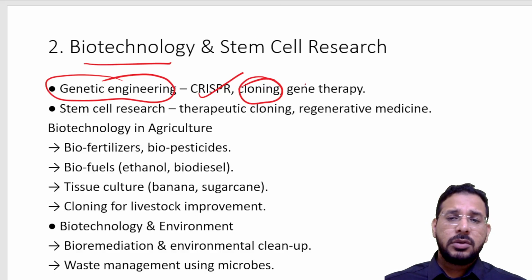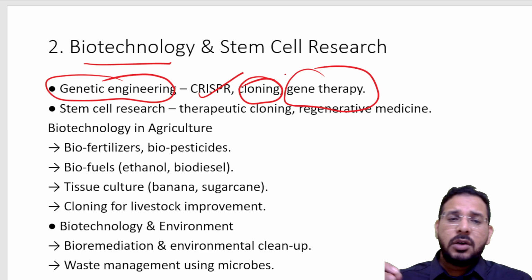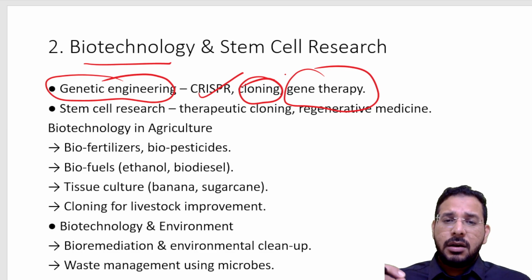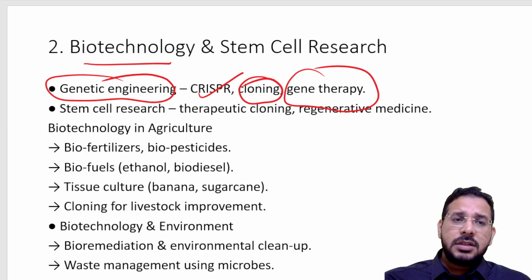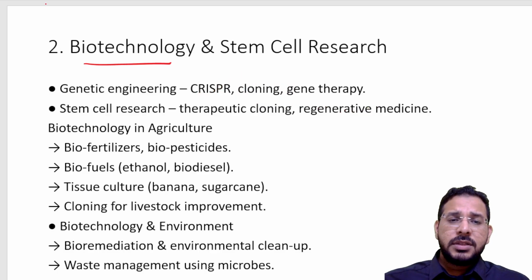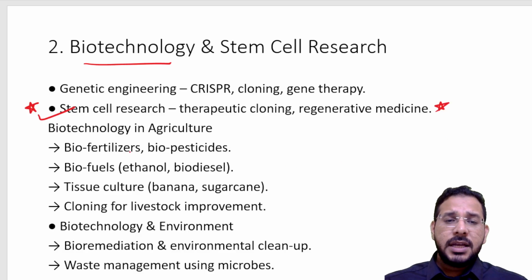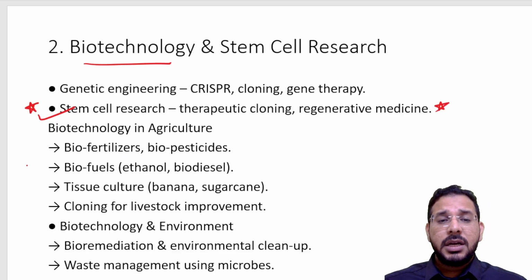So this type of technologies which are based on the genes or DNA of the organism, where we are operating at the level of the genetic part, it is called genetic engineering. In this we also have stem cells research, which is a very advanced method in medicine, which will help cure many diseases.